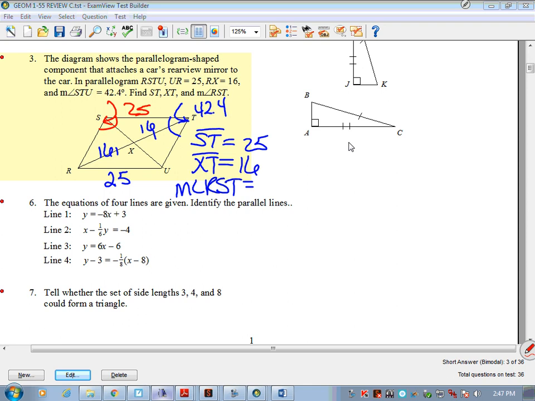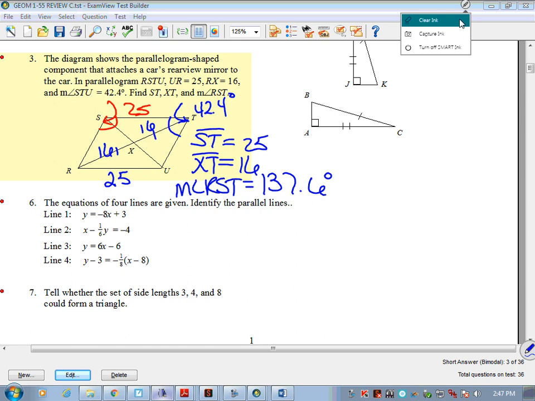And I probably would accept if you just showed me the math. If you showed me 180 minus 42.4 degrees equals 137.6 degrees, that's enough for me. So explanations on the first 2 parts, and then just the math for the third part. And I think I already gave you the lesson numbers, but that's lesson 34.